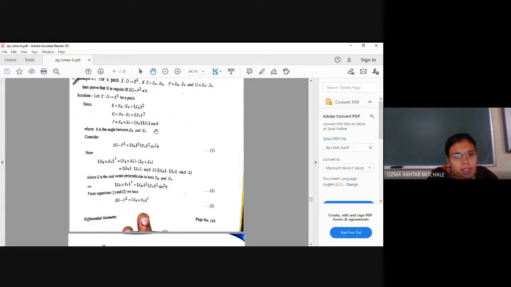Sorry, here it should be sine theta, no? So norm Xu, norm Xv, sine theta, norm Xu, norm Xv, sine theta. So hence if you find the norm square of Xu cross Xv, this will be norm square of Xu, norm square of Xv, into sine square theta. What is EG minus F square? You have found it is also, what will be sine square? 1 minus sine square theta is cos square theta.